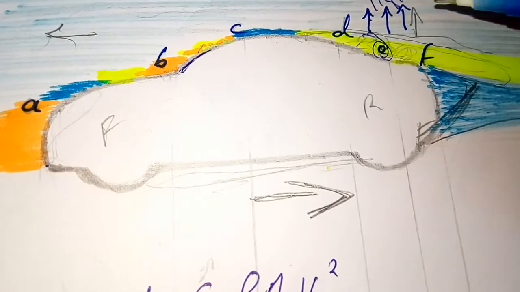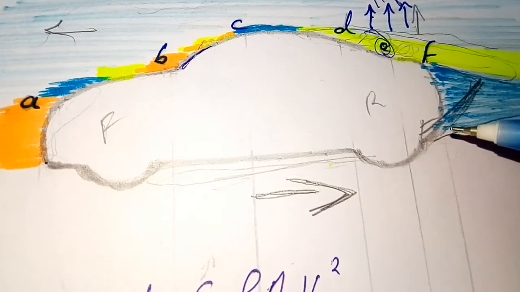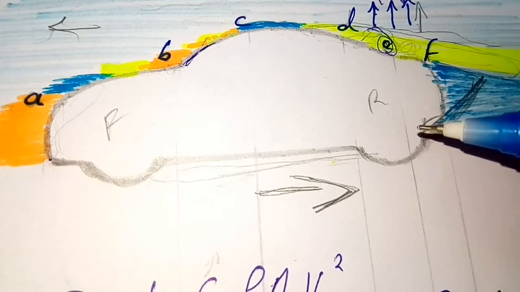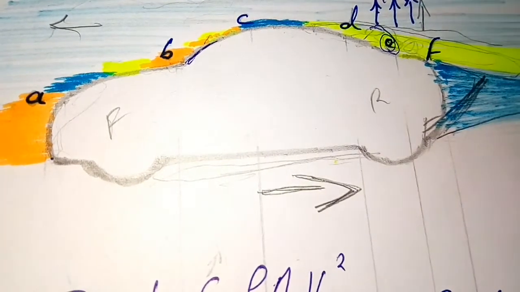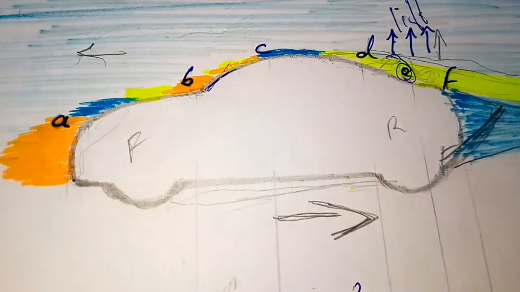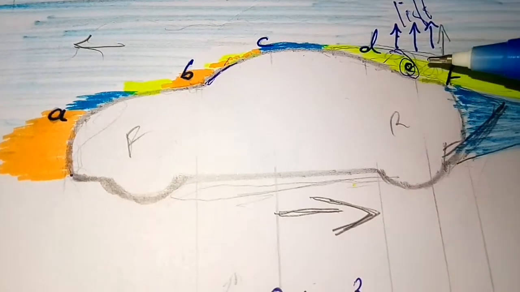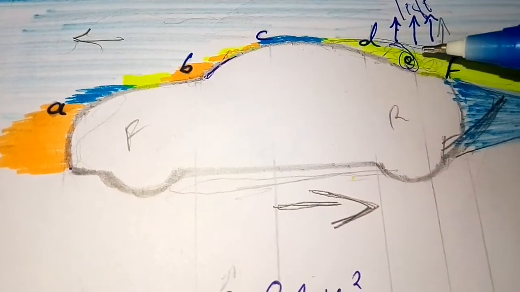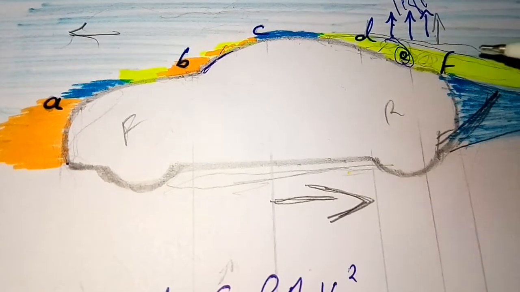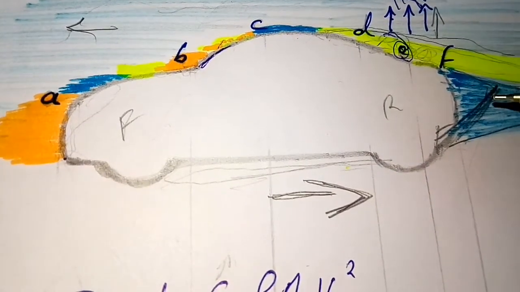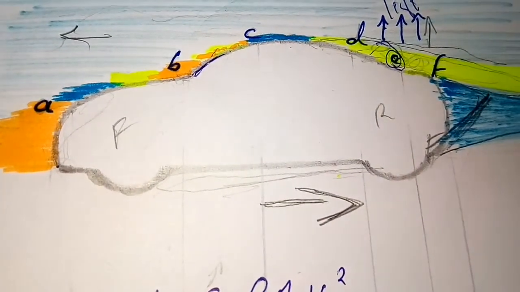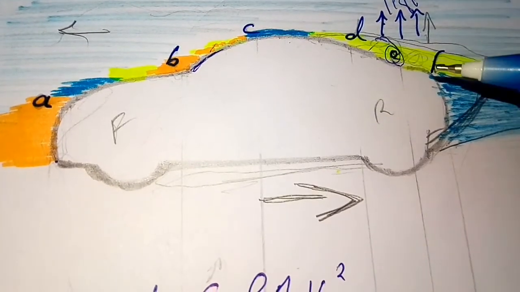That's why you might have noticed that supercars and hypercars are equipped with a diffuser here to increase the pressure in the rear, and a spoiler here to increase the downforce also. A very low pressure will be in the rear of the vehicle.